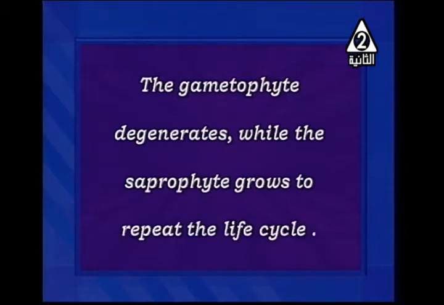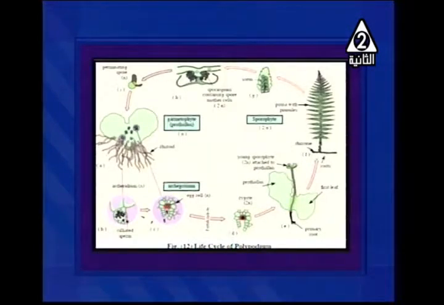After that, the gametophyte degenerates, I mean it disappears, while the sporophyte grows to repeat the life cycle of polypodium. This is the life cycle of polypodium. As we said, I need you to focus on some points here.